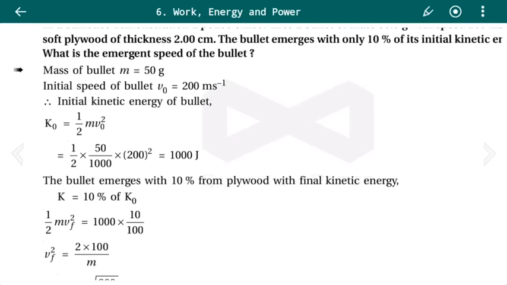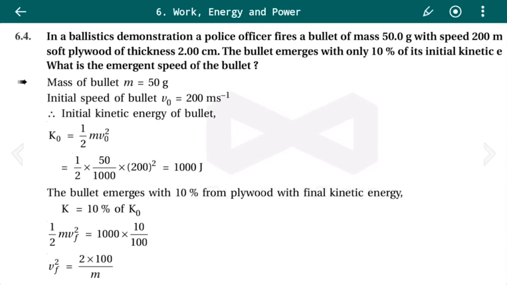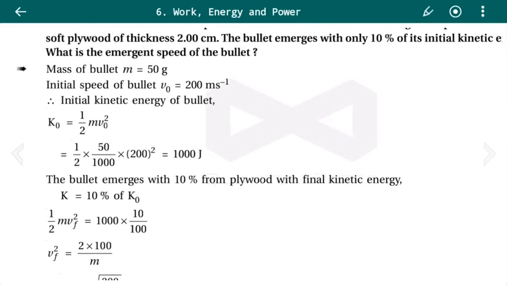Here we have converted mass 50 gram into 50 into 10 raised to minus 3 kg. So when we calculate this we get 1000 joule.